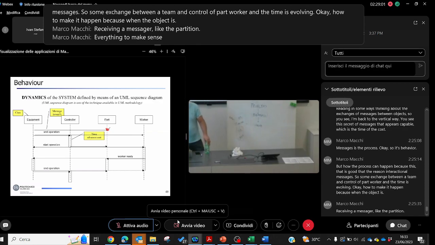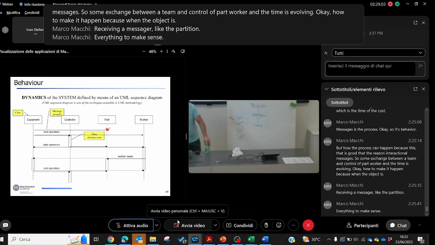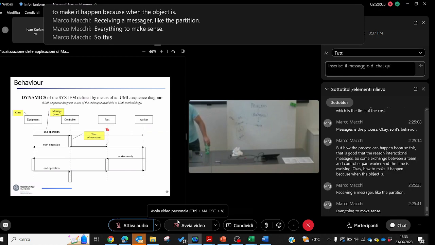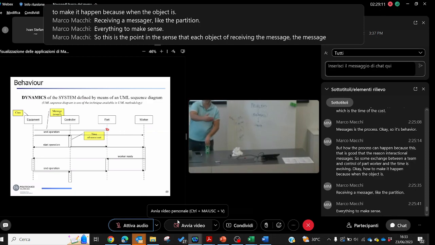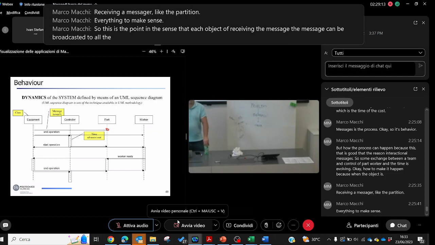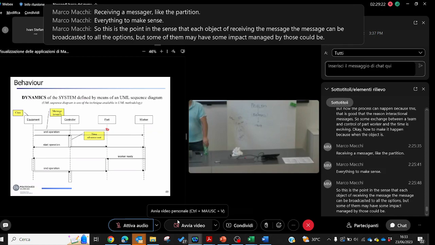So each object receives a message; the message can be broadcast to all the objects, but some of them may have some impact managed by them. Those could be seen as the controllers.